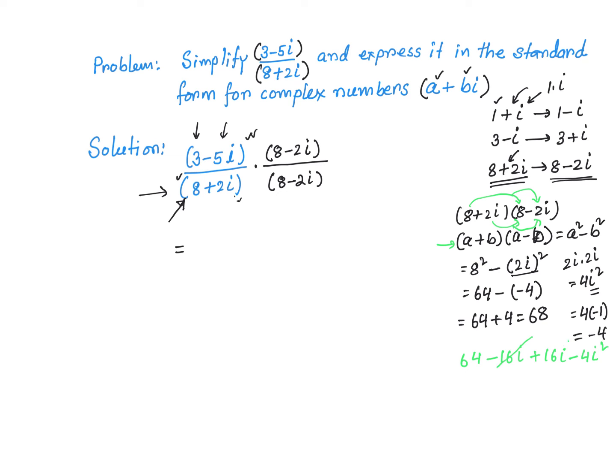Negative 16i and positive 16i cancel out. That gives you 64 minus 4 times i square. But we know i square is negative 1, which is going to give you 64 plus 4, because negative 4 times negative 1 is positive 4. 64 plus 4 is 68. It's the exact same thing that we got. So the denominator becomes 68.